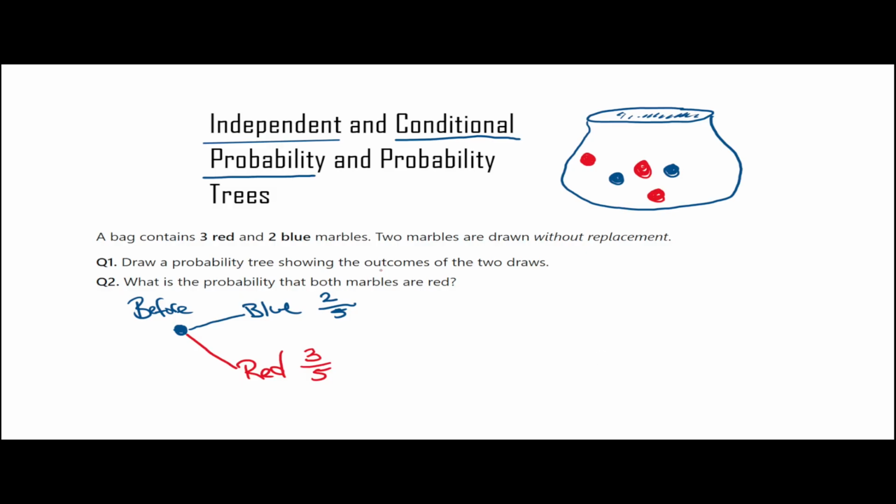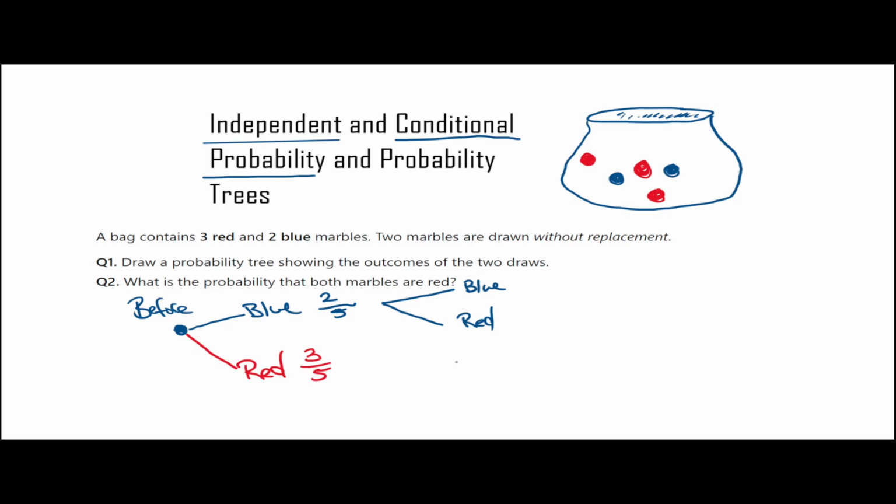Okay, now once we've chosen, say we chose a blue marble, now there's 2 possible outcomes of our second choice. Either we can choose blue again or red.